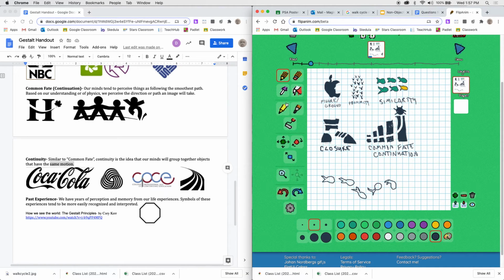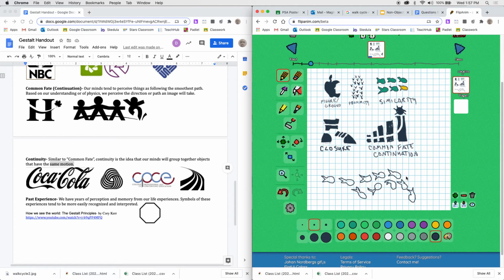Okay, so just using my example of the fish to finish that one off. I can draw more fish as long as they're going in the same direction, right? And you can see all of these Gestalt principles are really related to each other. Common fate: there's a movement here that's drawing our eye through.